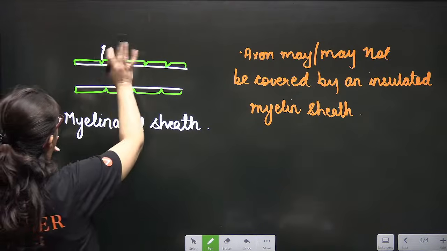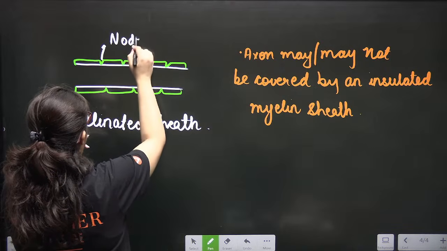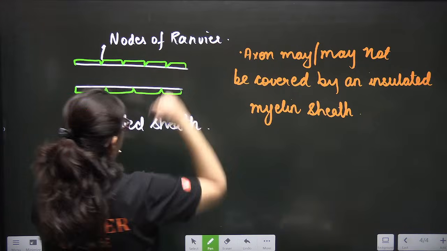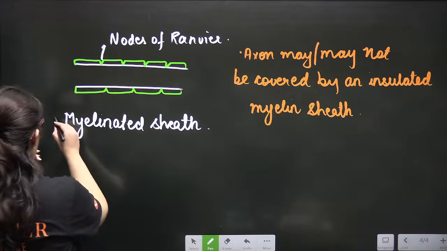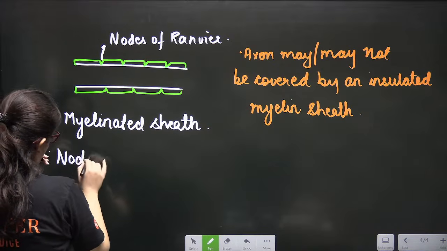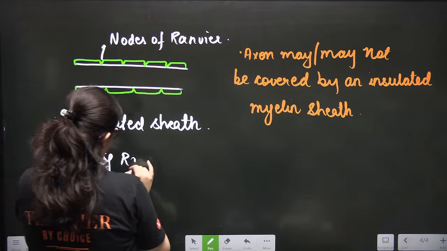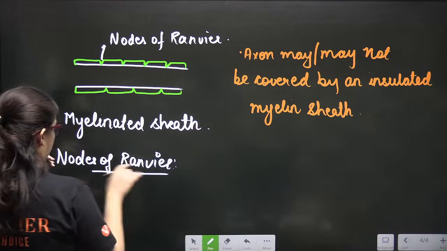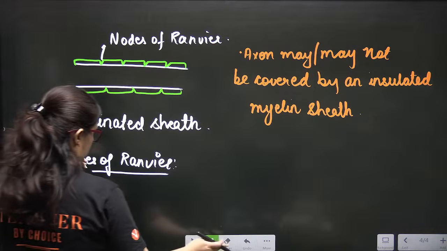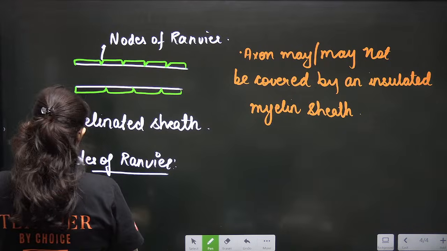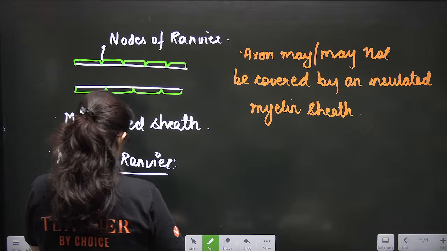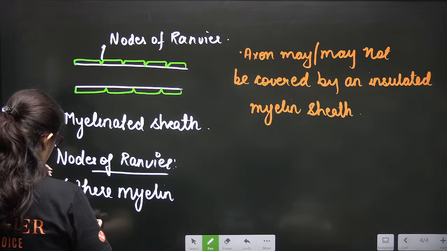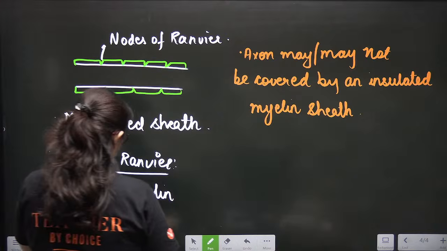So the point where myelin sheath is not present is the nodes of Ranvier. Nodes of Ranvier, where myelin sheath is absent.